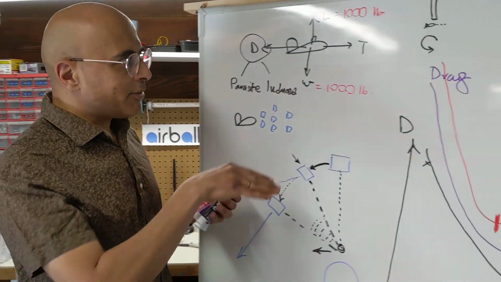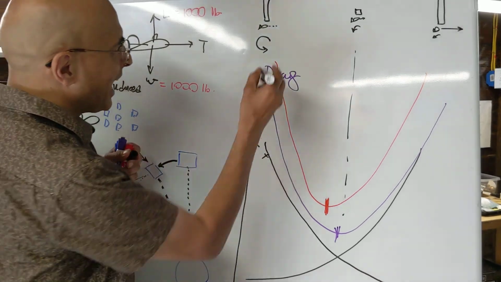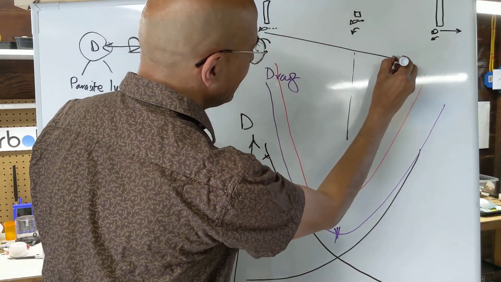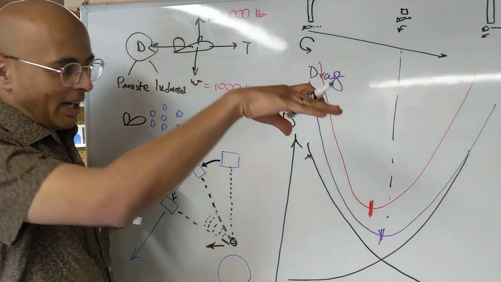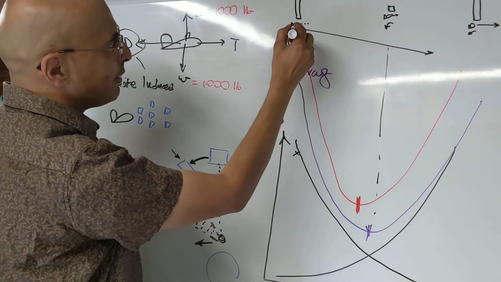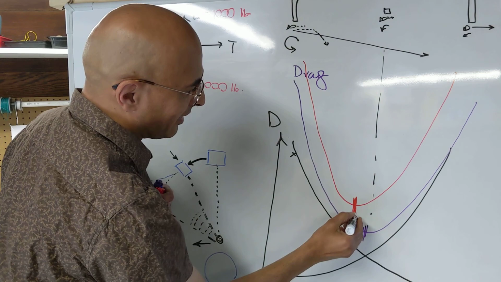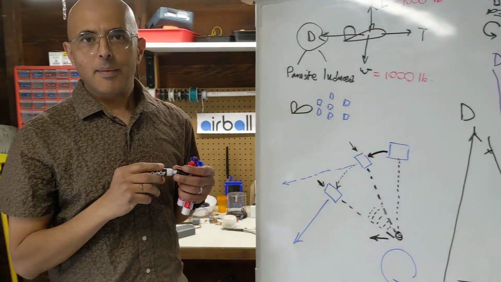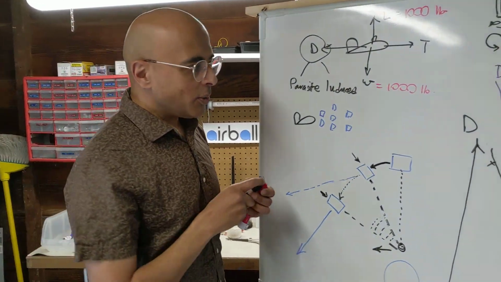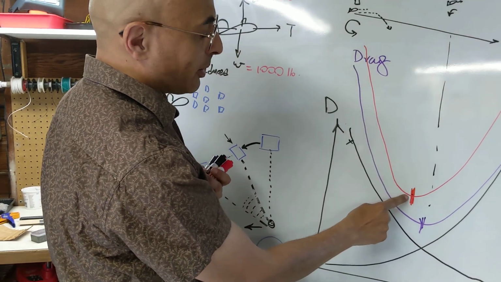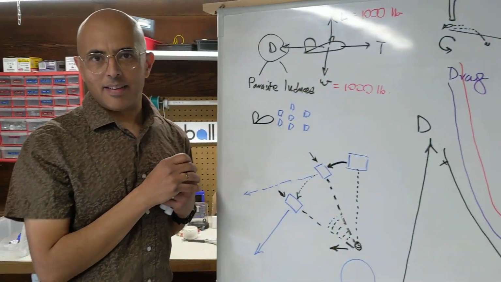So it turns out that if you want to fly the flattest possible trajectory relative to the air mass, you fly here, and if you want to fly for the longest time before you descend, then you fly here. Okay. If you want to use the smallest amount of gas per unit of time, you fly here.